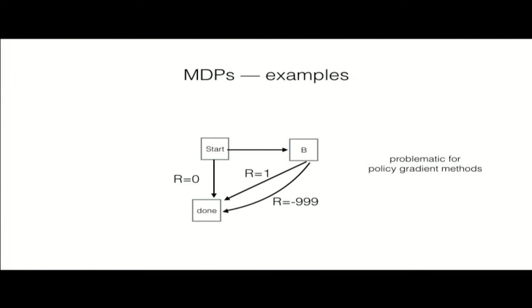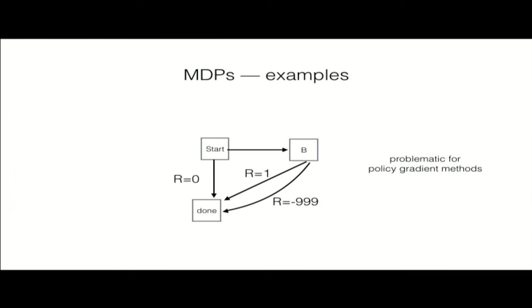Let's say you start off at this state, and then you can either go right to the done state and get a reward of 0, or you can go over to this other state called B, and from B, you can either go to the done state and receive a reward of 1, or you can also go to the done state and receive a reward of -999. This seems like a pretty stupid MDP because obviously you would take the reward of 1 instead of -999.